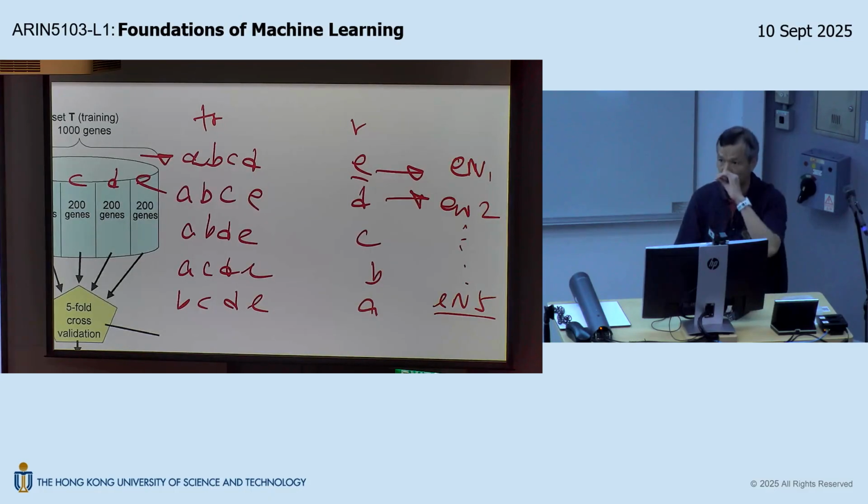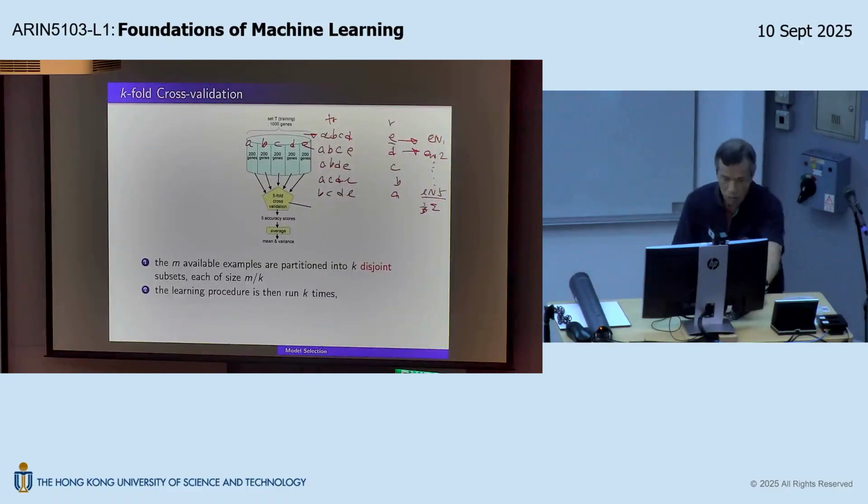In other words, you have repeated this process 5 times based on different partitioning of the data. So you just take the average, summing the 5 numbers and dividing by 5. That will be your estimated performance of the model. This is called 5-fold cross-validation.